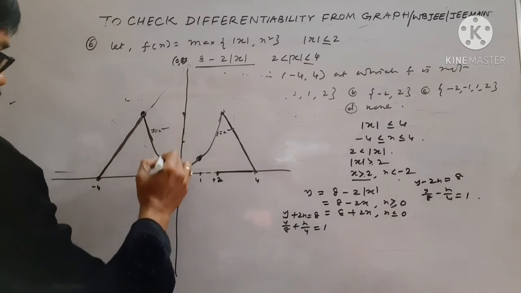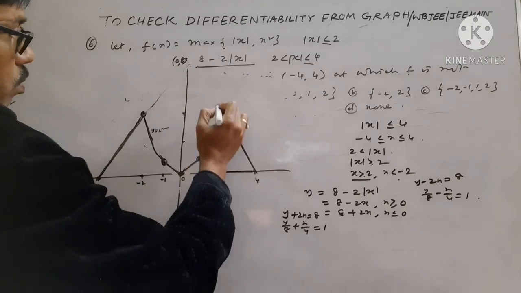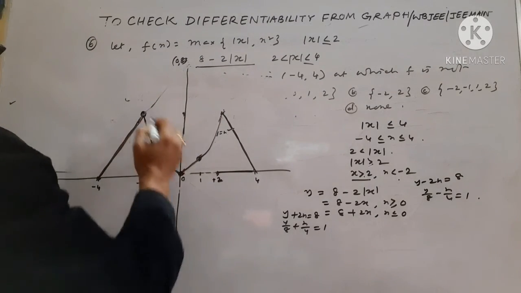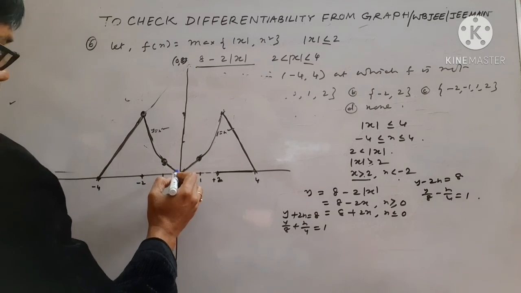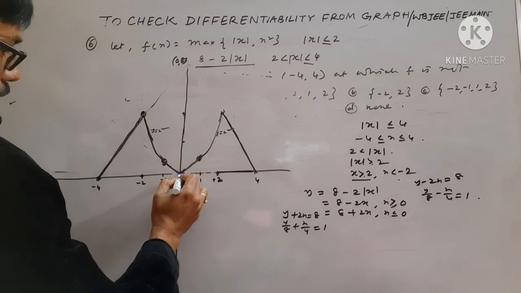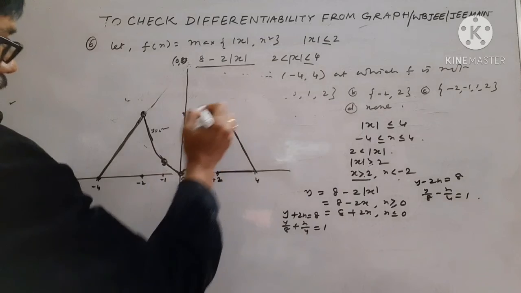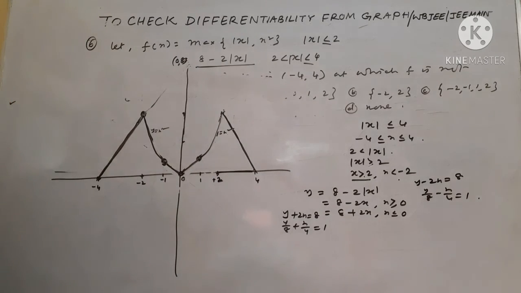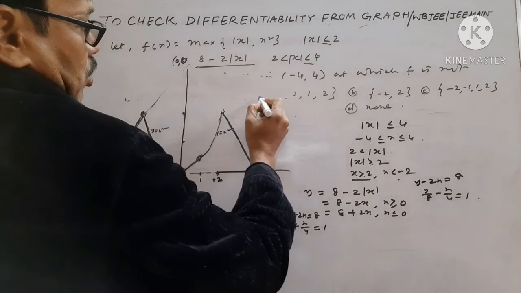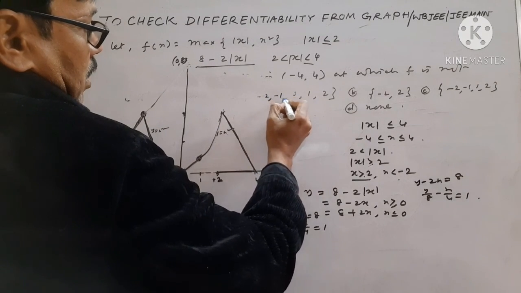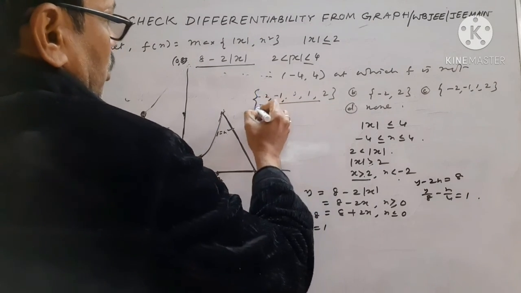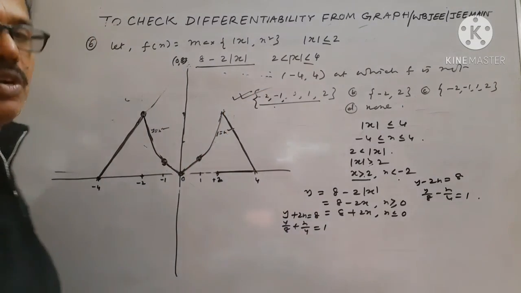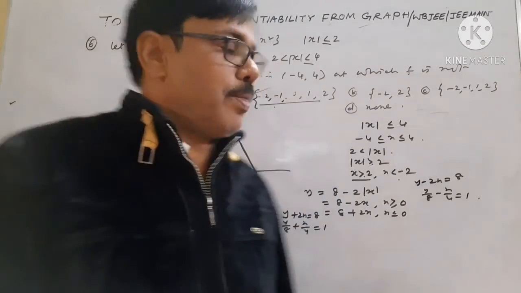So 1, 2, 3, 4, 5. How many points? Minus 2, minus 1, 0, 1, 2. So there are 5 points at which f(x) is not differentiable.